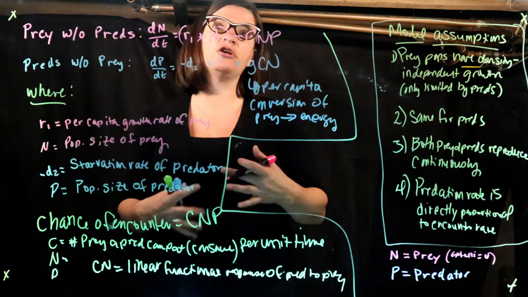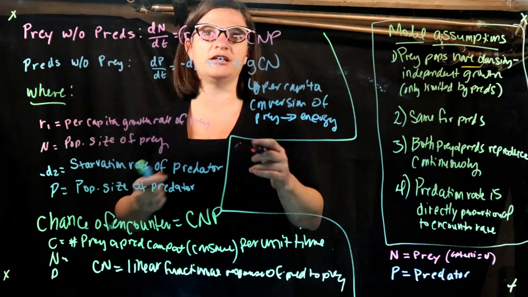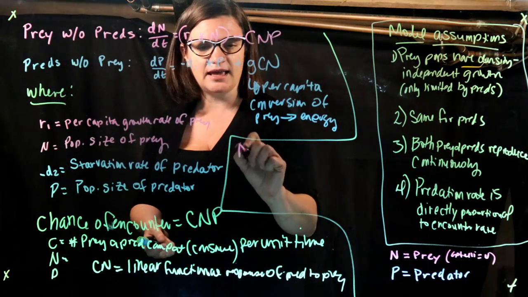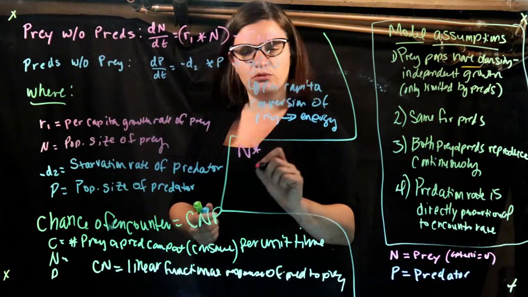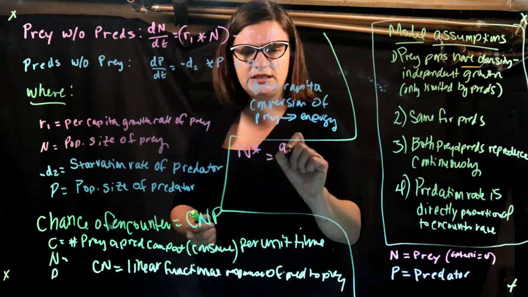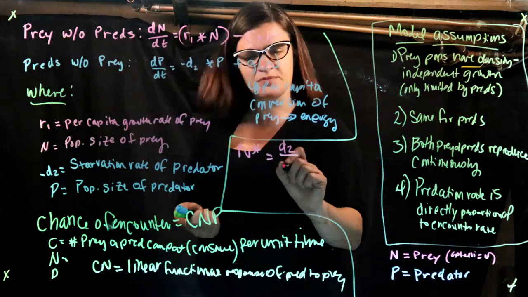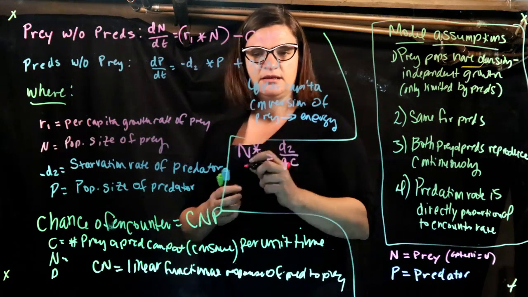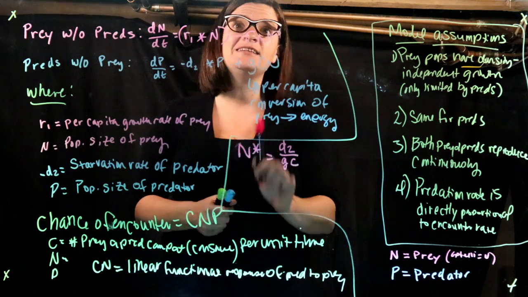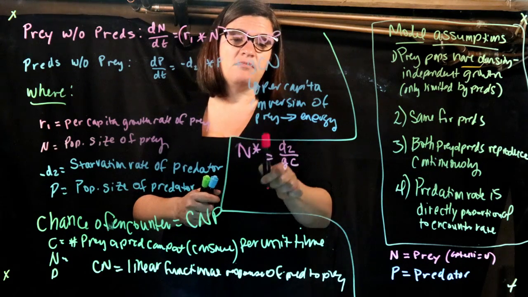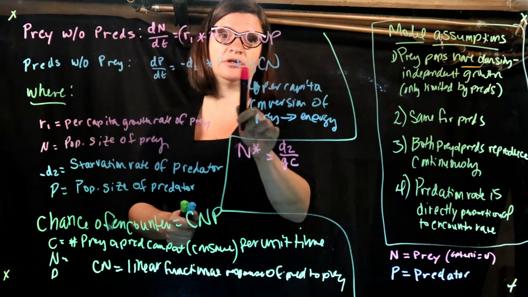Okay, so if we're looking at the equilibrium populations of predators and prey, we can start with prey and say N star, the equilibrium population size, is going to equal d2 divided by GC. So you can see that the size of the prey population is completely defined by aspects of the predator's population growth model, this d2 and GC.